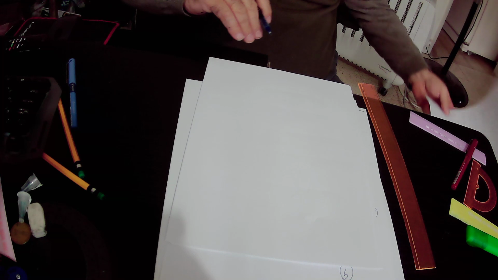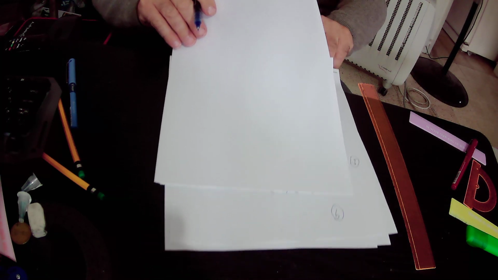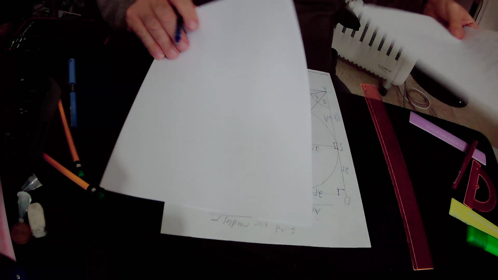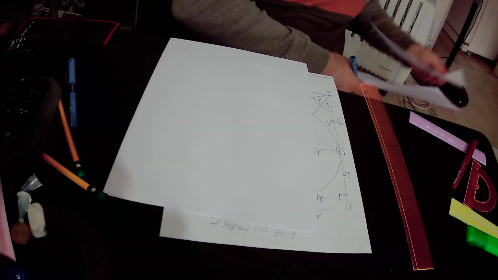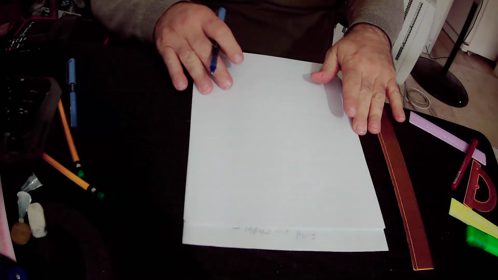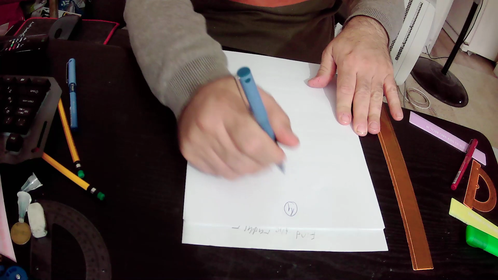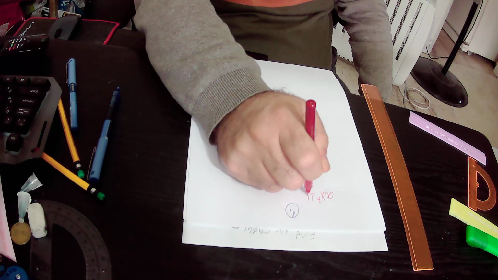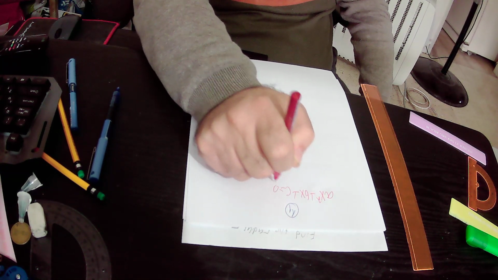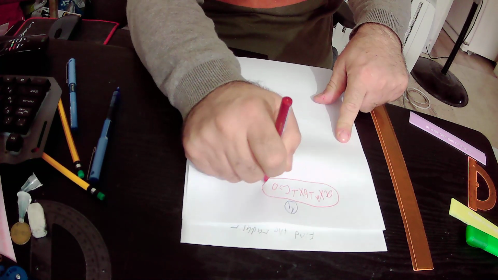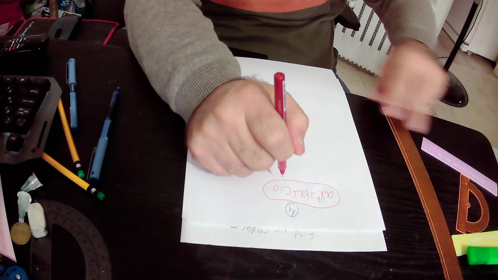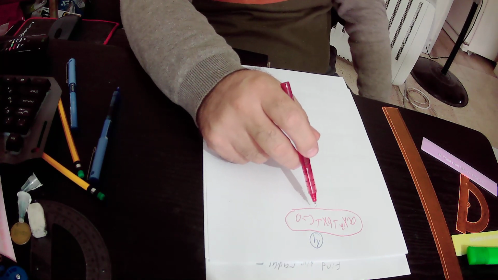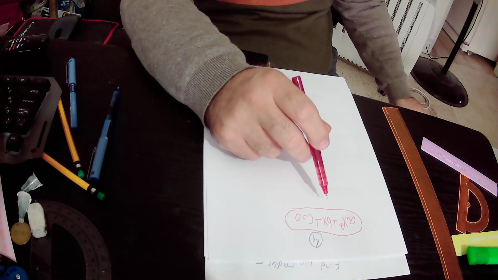The general form of a quadratic equation is ax squared plus bx plus c equals 0, where a, b, and c are the coefficients of this quadratic equation, and x is the variable that we are looking for.